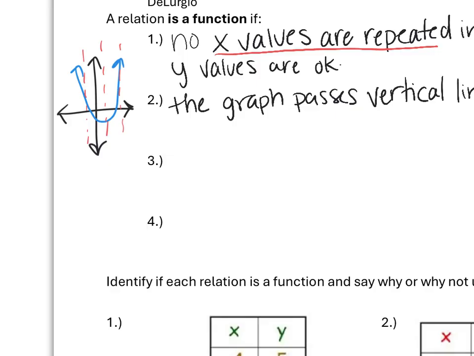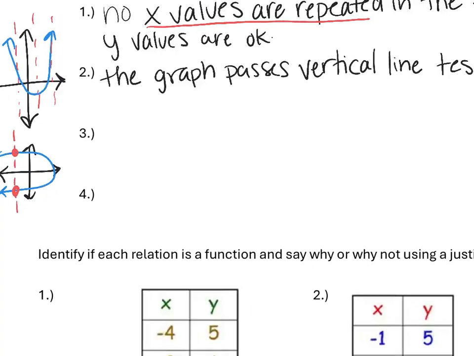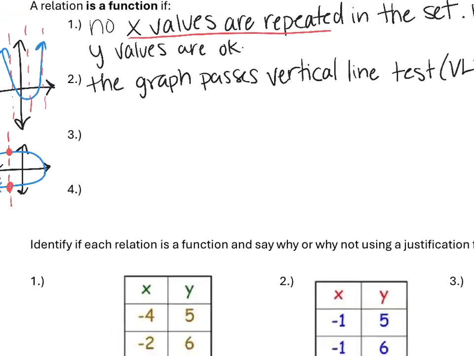So like this example that I just drew is a function versus something like this, which does not pass the vertical line test, because if I draw a vertical line through this graph, it's going to hit more than one point. It's going to hit 2 points. So we would say it's not a function because it does not pass the vertical line test.